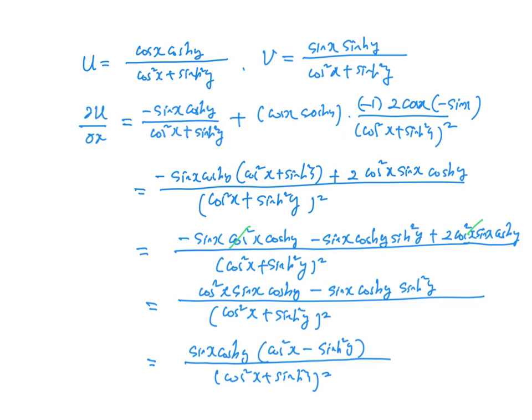So partial v partial y, and next page. Signs okay. One done, right? So 2 to go.